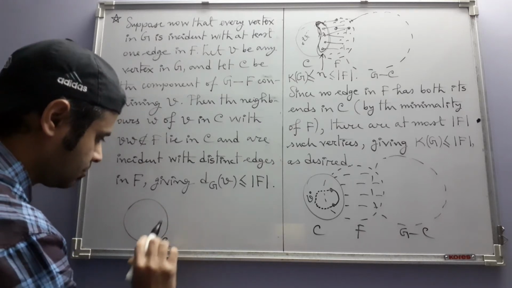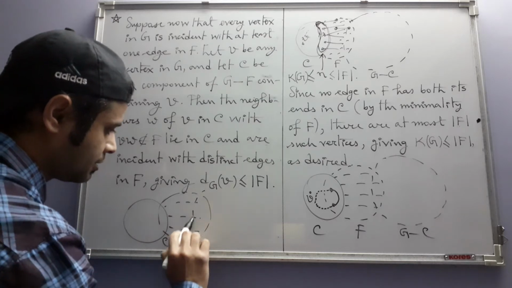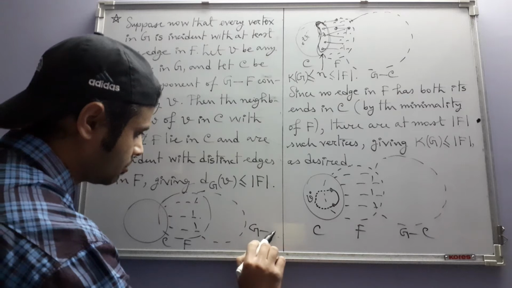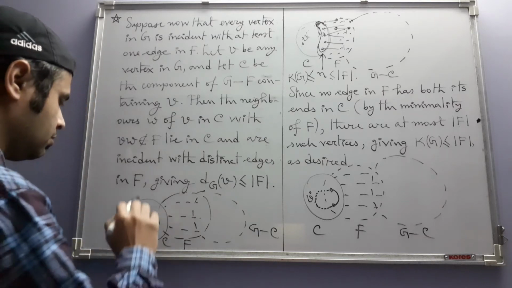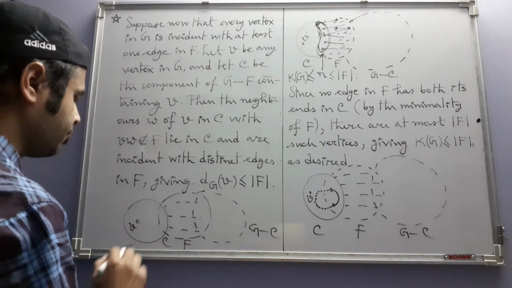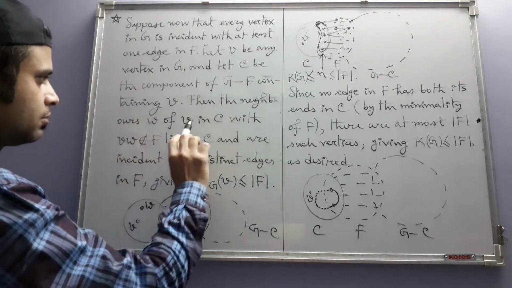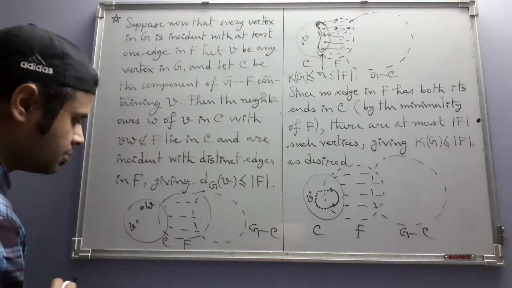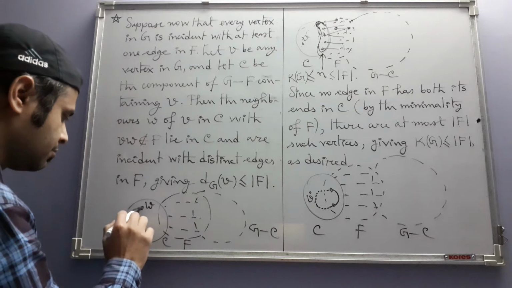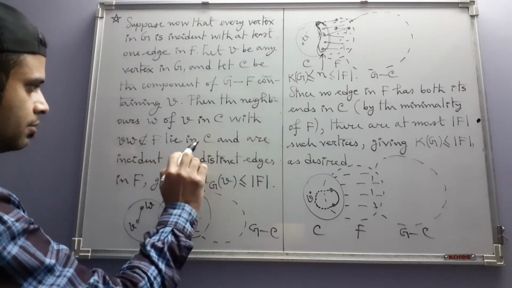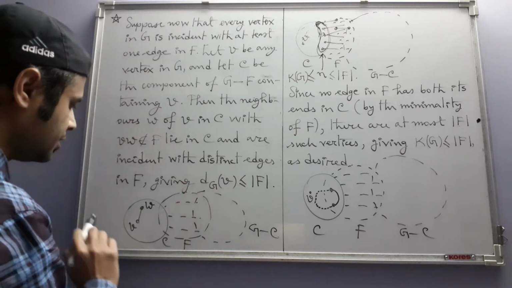Again we have C, again we have F, and again we have G minus C. F is a part of G minus C. Now say this is V, and so what we are saying, the neighbors W of V in C, of course W in C, with VW not belonging to F, lie in C. Clearly they must lie in C and are incident with distinct edges in F.